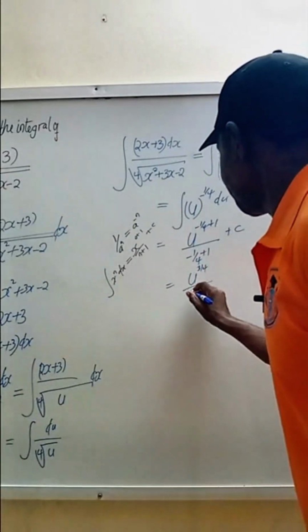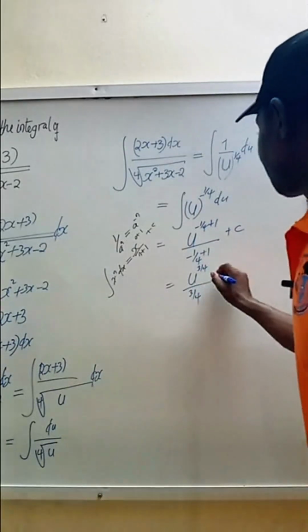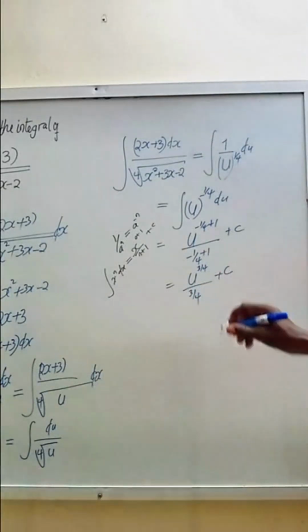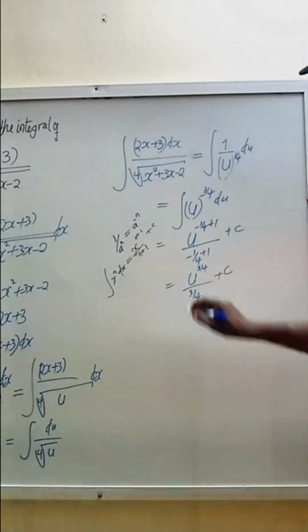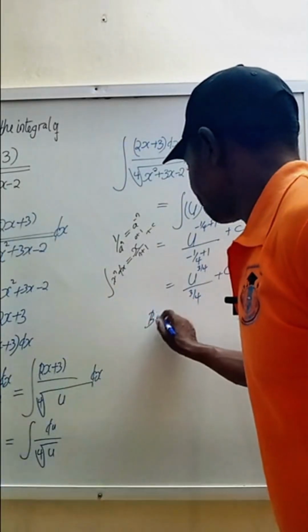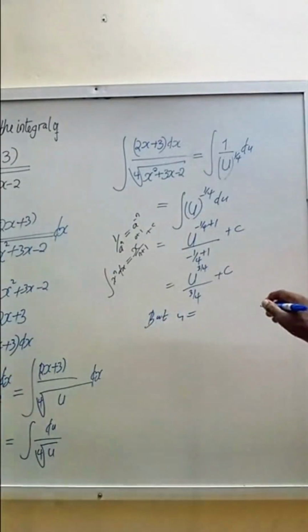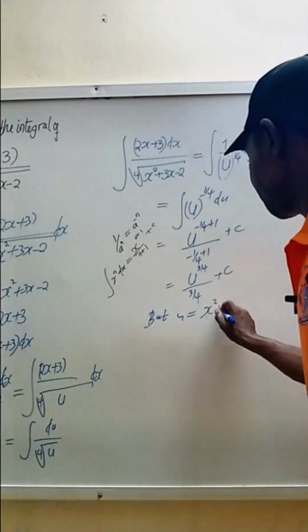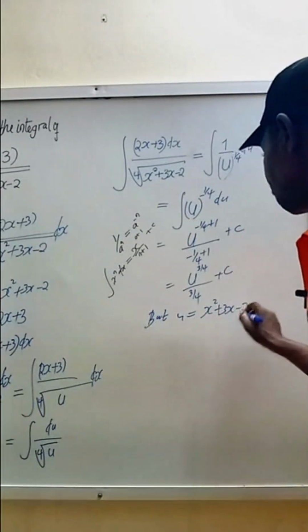So on the denominator we should also have 3 over 4. Then we add the constant. Now at this juncture we have to ask ourselves, what is this u, by the way? So we have to bring back our u, which was equal to x squared plus 3x minus 2.